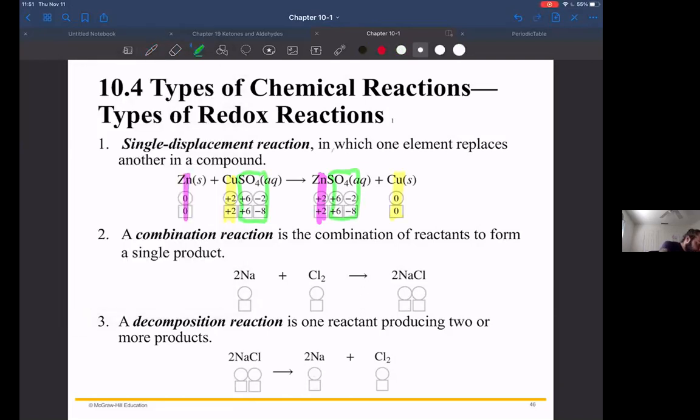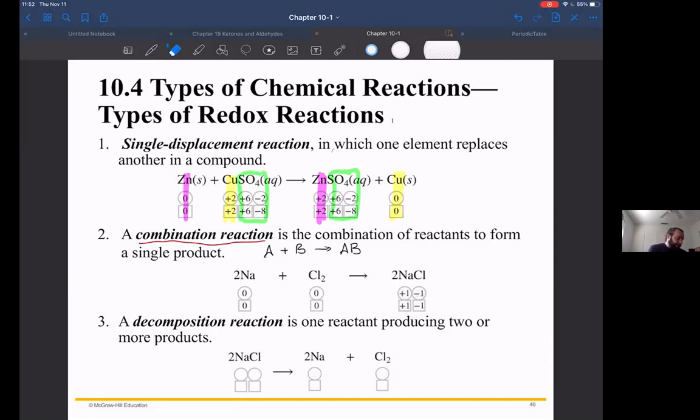Okay. The next type of reaction is a combination reaction. This is anytime you have multiple reactants coming together to form a single product. Right, so generic kind of reaction, A plus B gives you AB. These are combination reactions. These are also going to be redox reactions, and we can see using this example, these are 2 elements in their elemental form, and they come together to form an ionic compound.